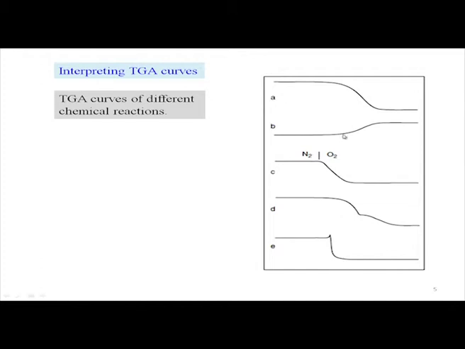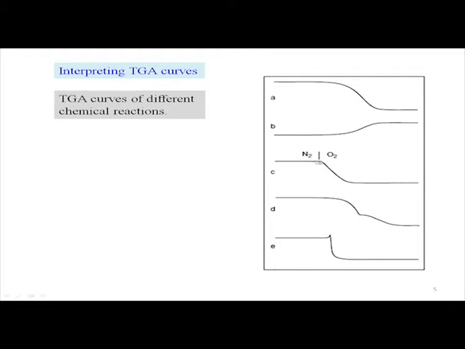That means at some time or temperature, the sample is gaining weight. That means some reaction is happening where we see a gain in weight. So, TGA plots are useful not only for mass loss, they can also monitor the mass gain for a particular type of chemical reaction.